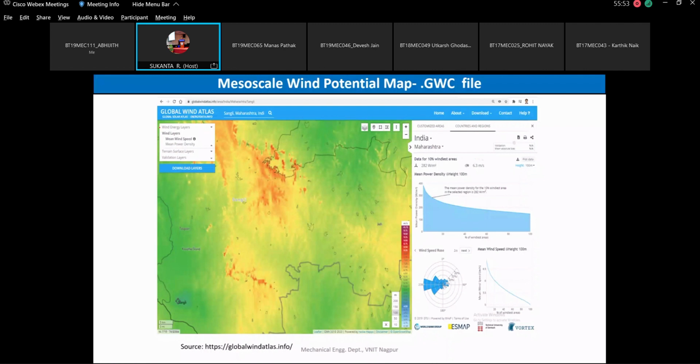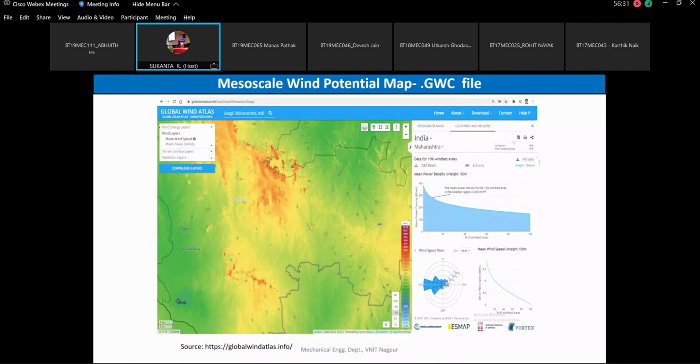So this is the dominating wind speed zone. In this direction, the wind is blowing more. Here you can click on the height, at different heights, and accordingly it will give you the data. Suppose 100 meter height has been clicked, so it is showing data for 100 meter above ground level.